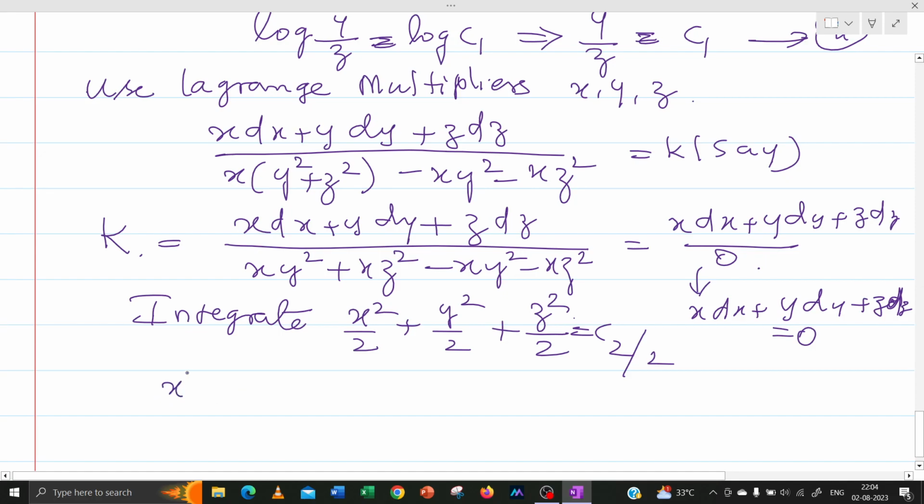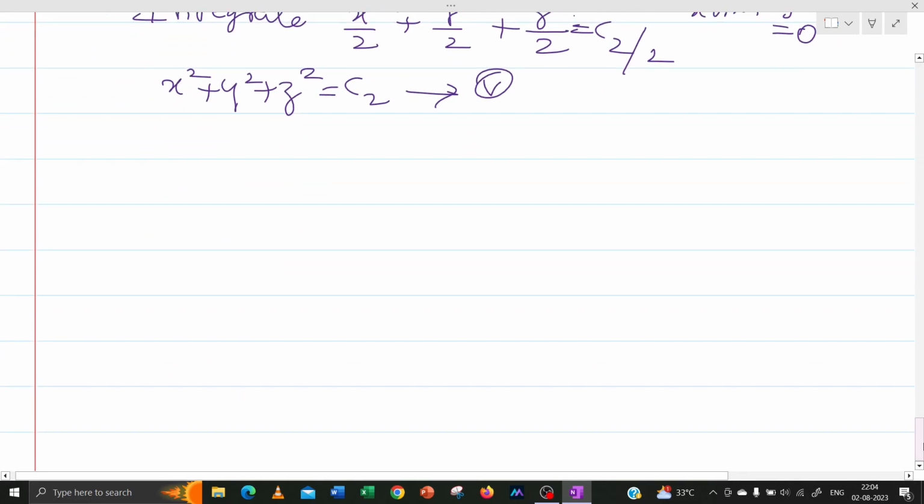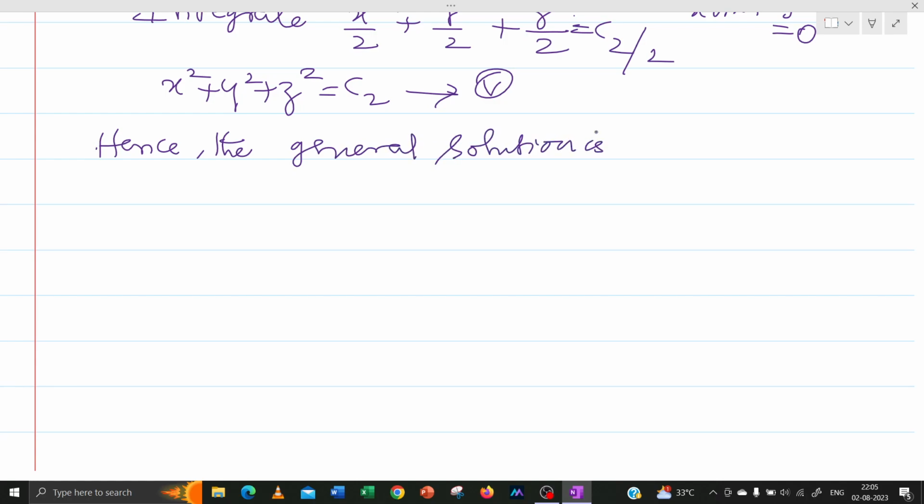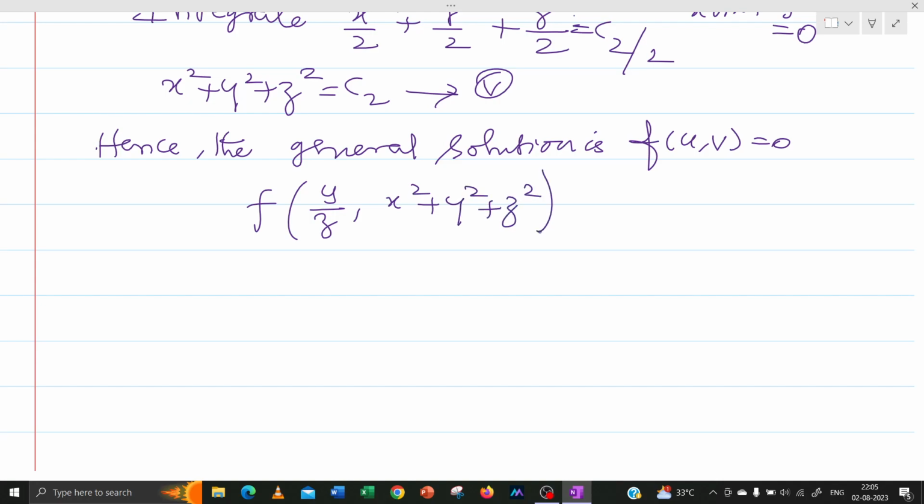So we get x square plus y square plus z square equal to c2, which is solution V. So what is the general solution here? Hence the general solution is f of (u, v) equal to 0 or phi of (u, v) equal to 0. Therefore f of (y by z, x square plus y square plus z square) equal to 0. Here f is an arbitrary function.